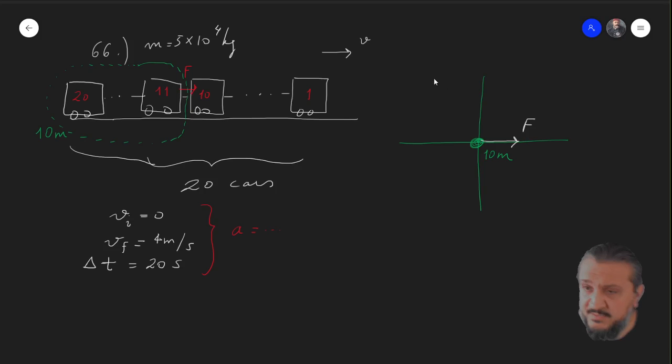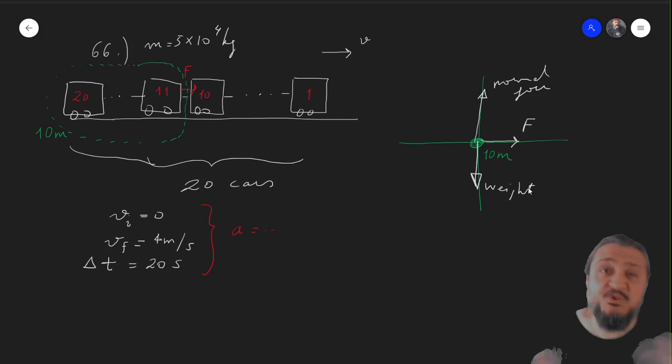I can show them here. There's of course a normal force, and there's also a weight, but the weight of the 10 cars in total. I can show them, but I'm not going to use them.